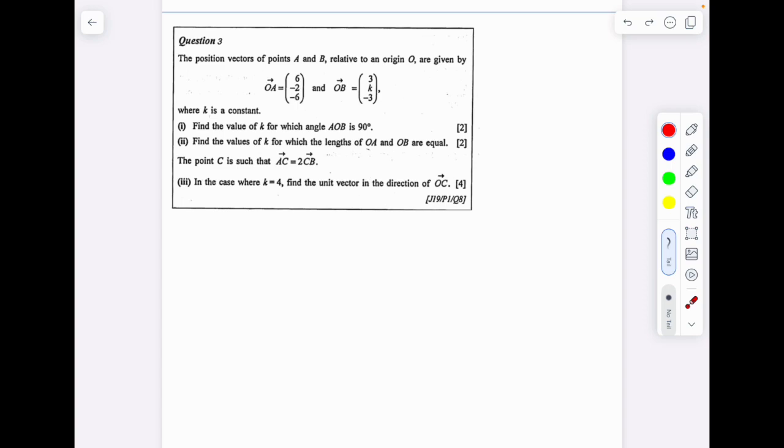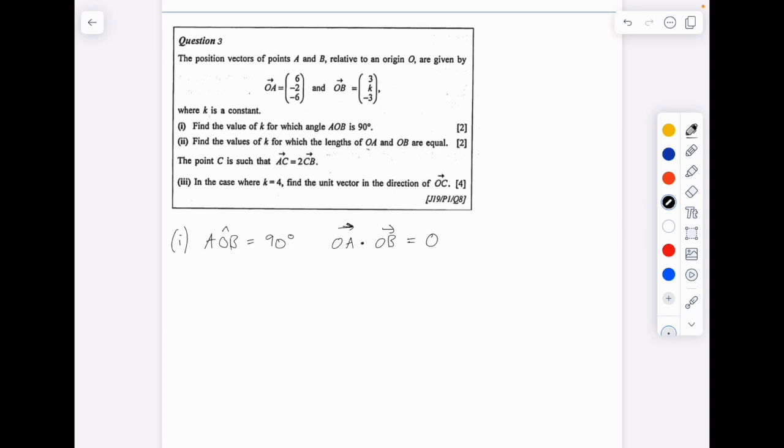Well, the way we'd approach this question is to say, first off, if AOB is equal to 90 degrees, we can comfortably say that OA dot producted with OB is going to give me 0.